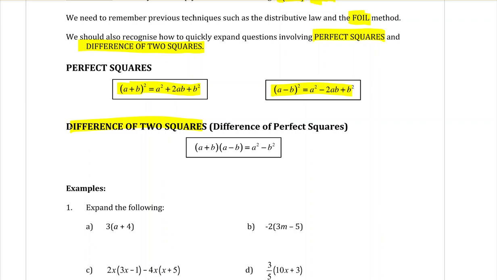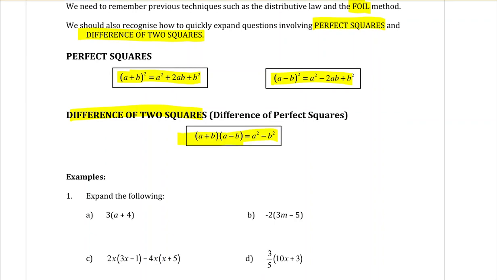If you do the full FOIL expansion, the 2 middle terms, the O and the I, will actually cancel out. So all you get is A times A, which is A squared, and the B times minus B, which is minus B squared. Middle 2 ones cancel out. So if you can identify that one, brackets the same, one's a plus, one's a minus, shortcut is just miss the middle 2 terms.